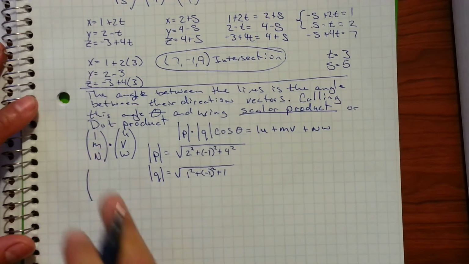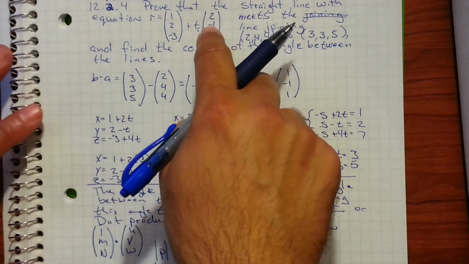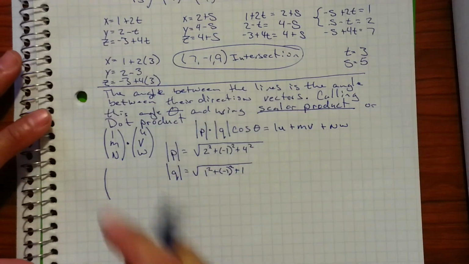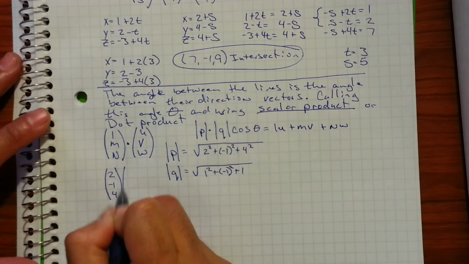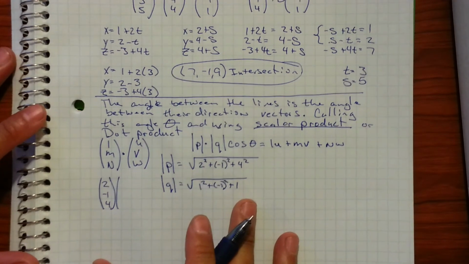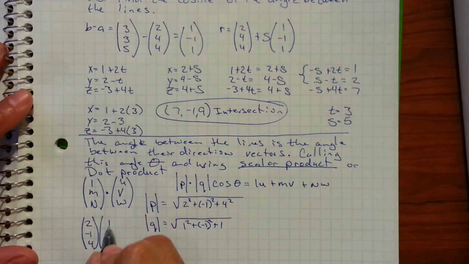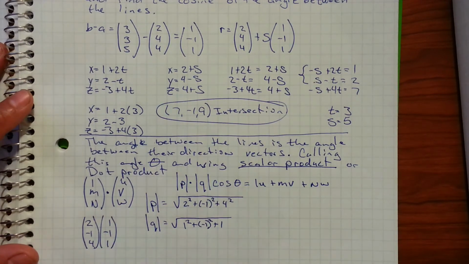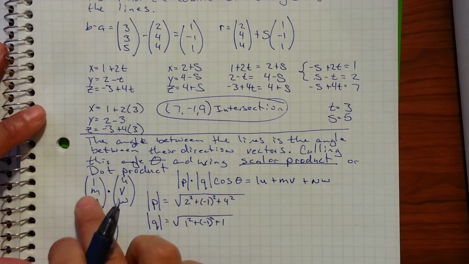So LMN is going to be my first one, which is right here, 2, negative 1, 4. That's going to be times my other one, which we said is going to be 1, negative 1, 1. And so let's go ahead and multiply these out.